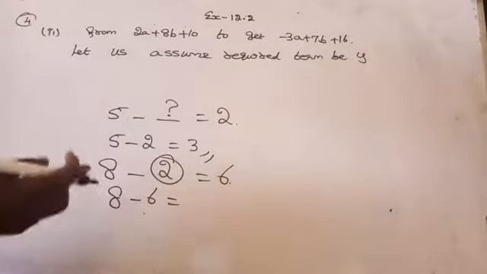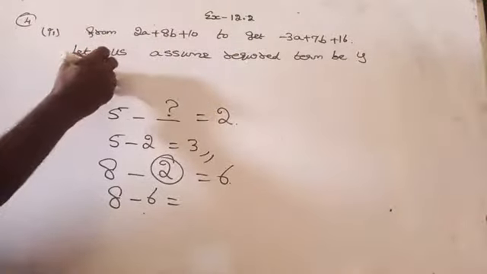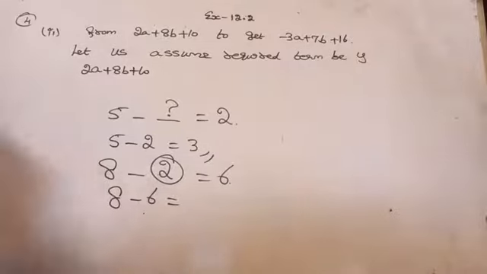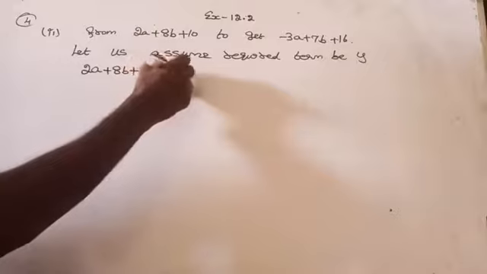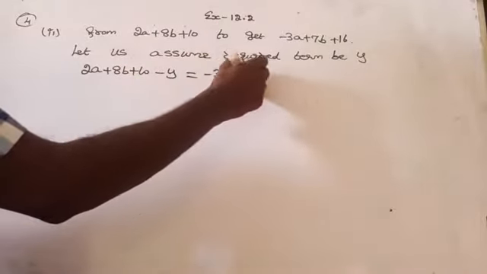Now what should be subtracted from these? From it will come first, that is 2a plus 8b plus 10. What should be subtracted from these? That is minus y, to get the result as minus 3a plus 7b plus 16.